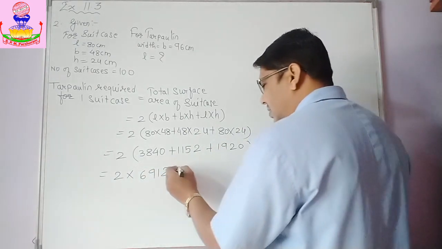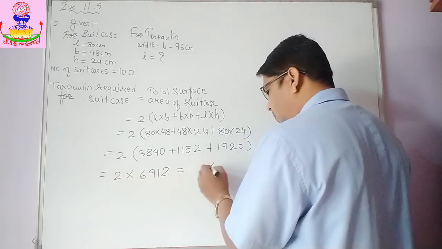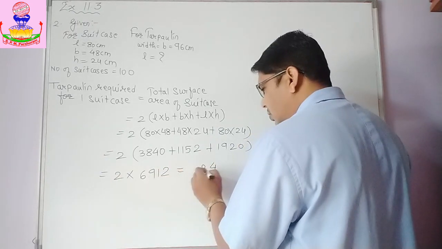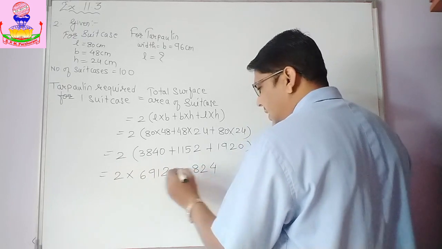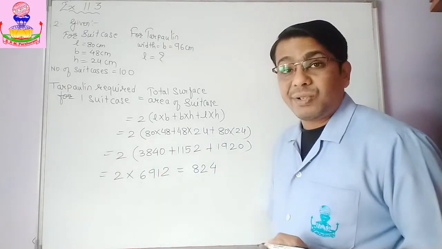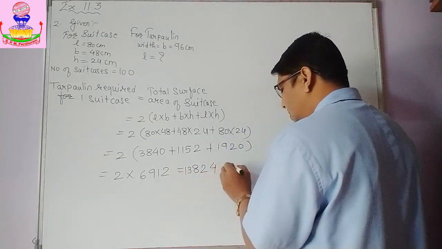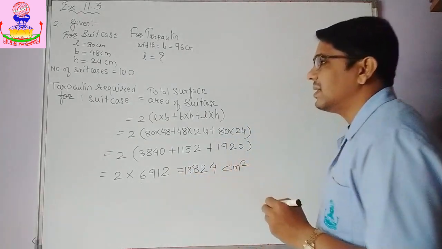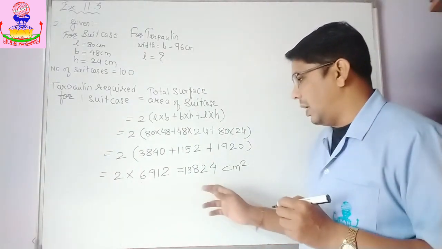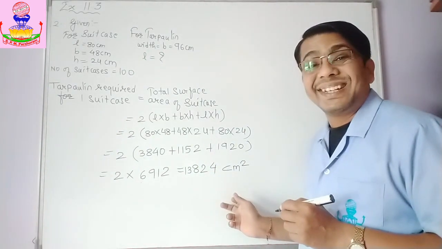Now that is equivalent to 2 twos are 4, 2 ones are 2, 9 twos are 18, 6 twos are 12, 12 plus 1, 13. So this is the tarpaulin material required for one suitcase.